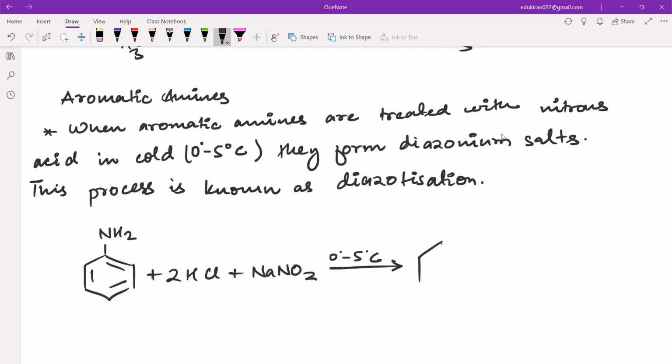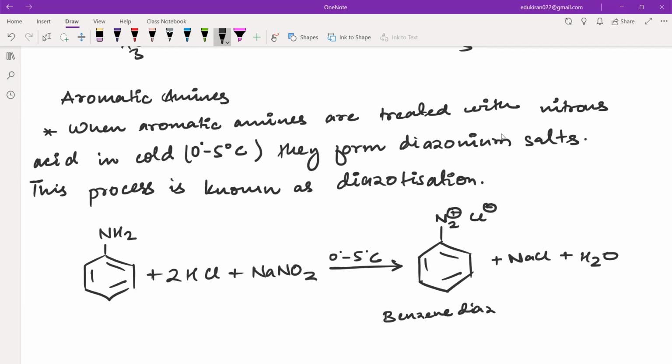We will be getting the benzene ring as it is, with N2 positive, Cl negative, and also NaCl plus H2O. So this is benzene diazonium chloride. Okay, so this is an important reaction.